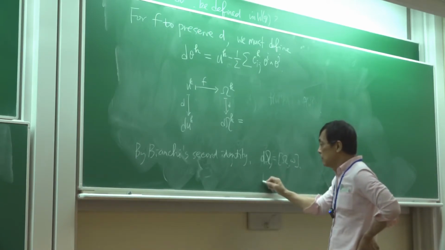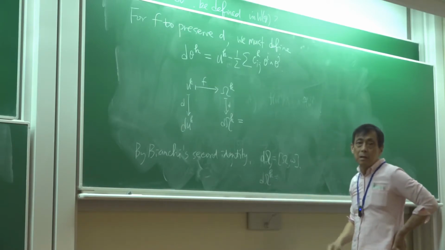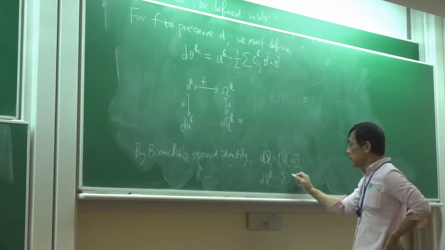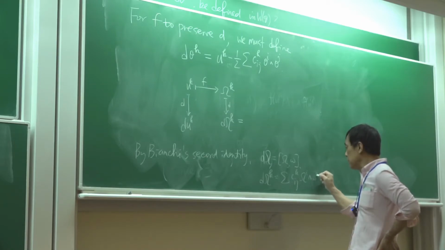So if you take the kth component, it's going to be the sum of Cijk omega I wedge omega j.